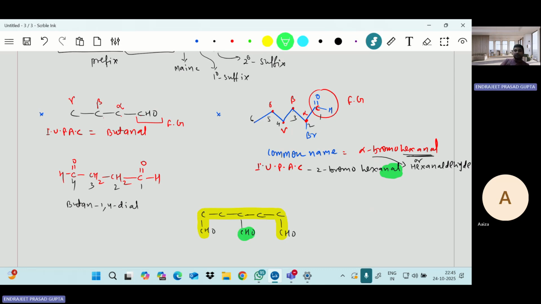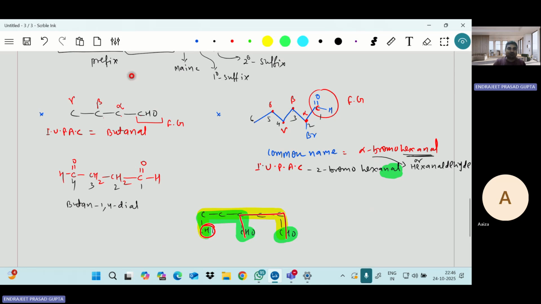If you are going to select the terminal functional group carbon, all the terminal functional group carbons should be included in the main carbon chain. Otherwise, don't include any. So if you start from this end to this end, this carbon is left. If you start from this to this, this carbon is left.